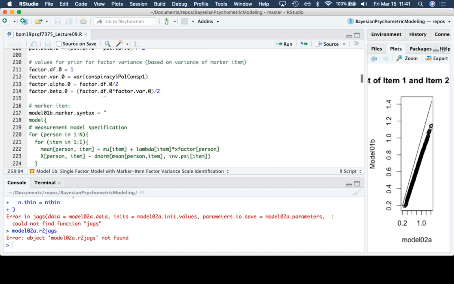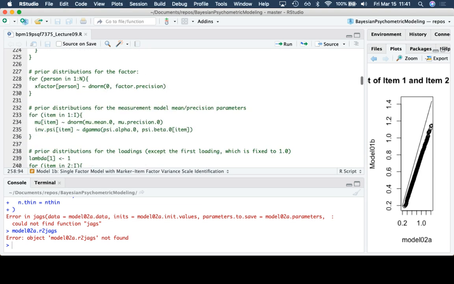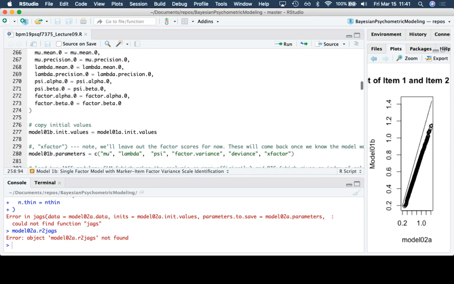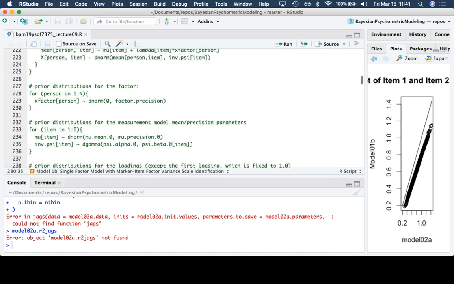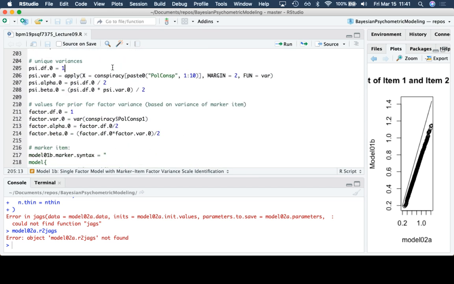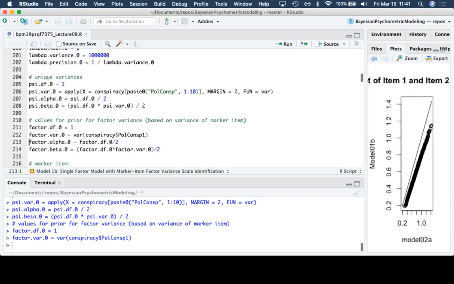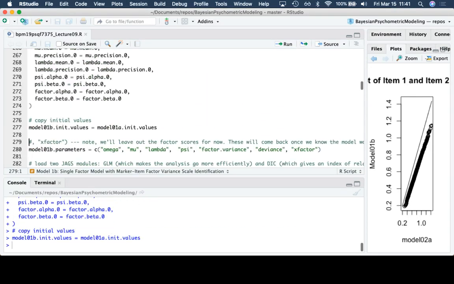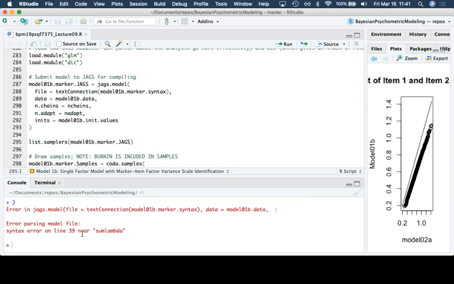Now, if we add omega to our list of variables to save, where are my parameters? Let's see if this works. Oh boy. Always the worst thing I can ever say. Let's see if this works in front of class on the fly. No!